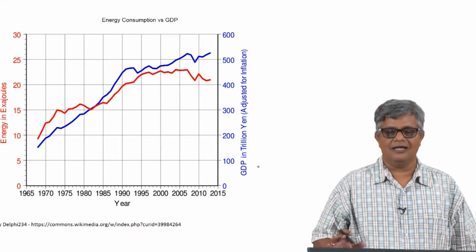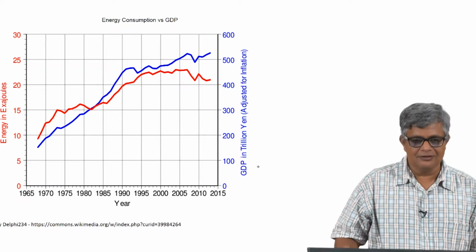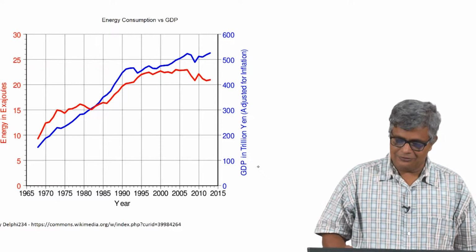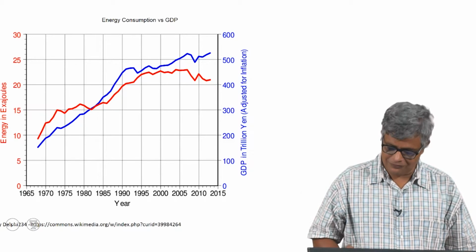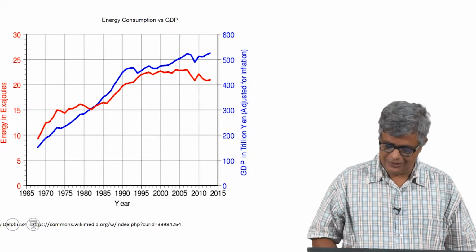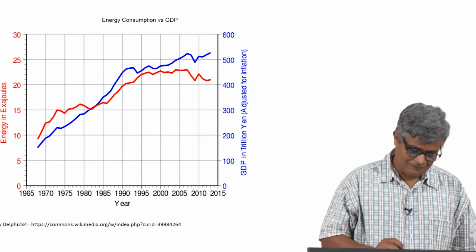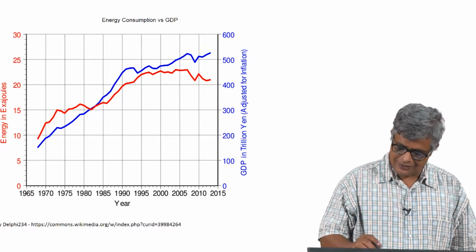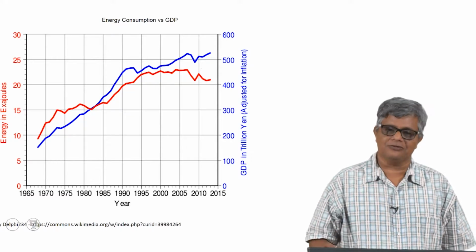So it is a good figure where we can compare yen with yen or dollars with dollars. Yen of the 1960s can be compared with the yen of 2015 on this figure. In the blue color is the GDP growth and red color is the energy growth.